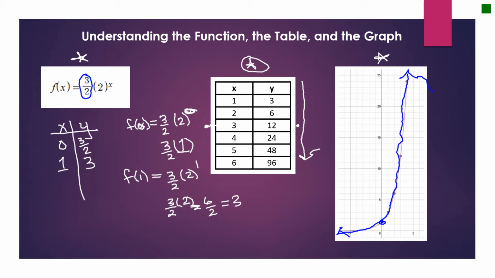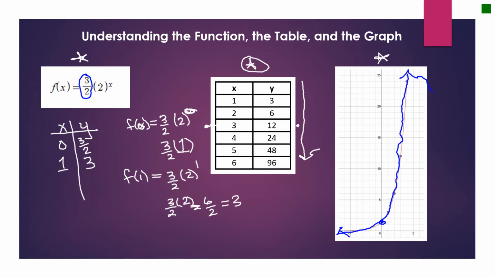So when x was 1, y would be 3. And you can see these values start to take shape. If I plugged in 3 for x, then I would get an output of 12, and so on and so on.